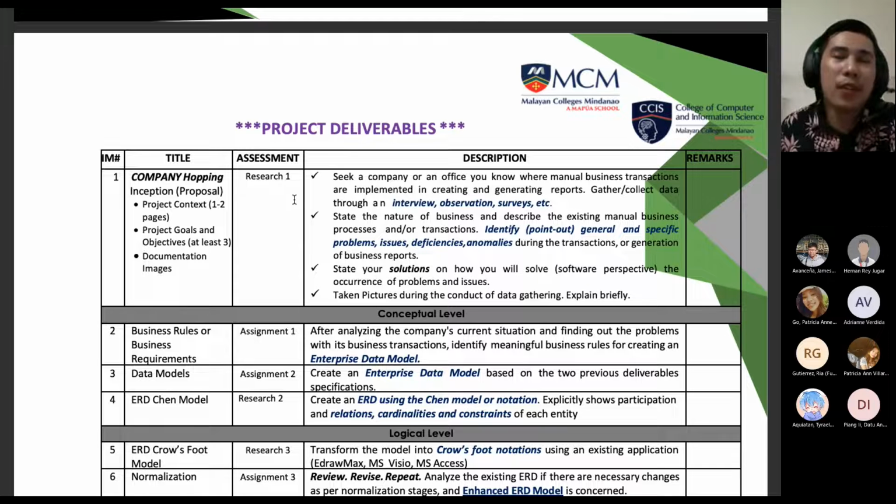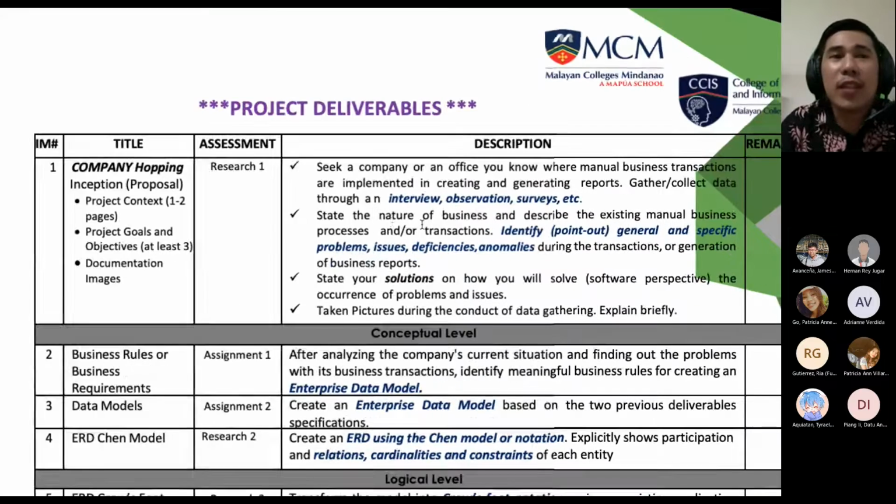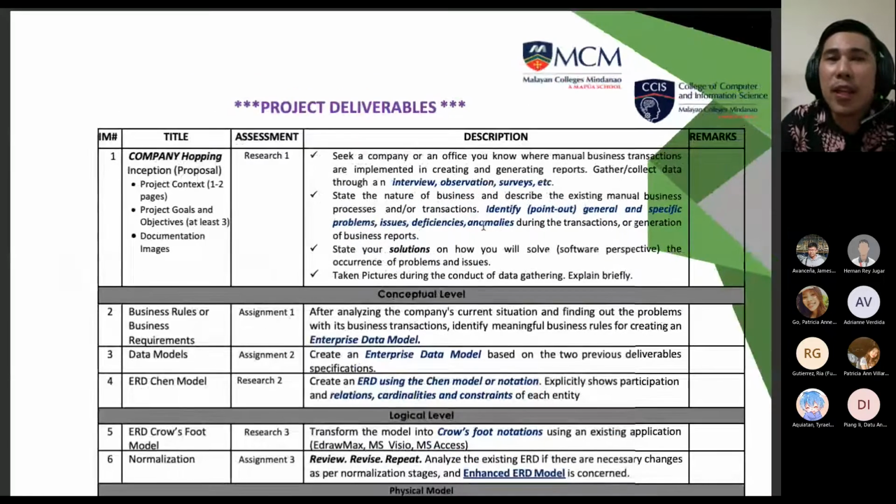That's the pitfall or the drawback there. But you could look for an organization, or your parents have an office doing inventory, but they're still using manual point of sales, calculators, and manual processes. So you can actually study that organization, then observe, interview, and get a survey on what the problems are.